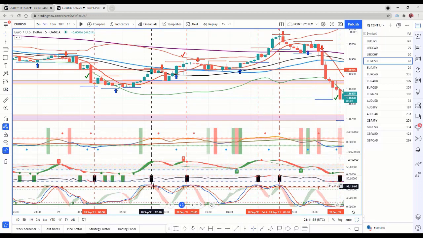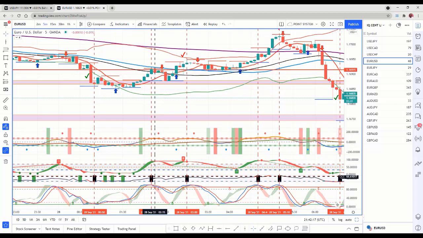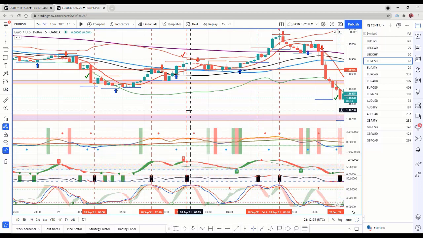You can see your stochastic has crossed, and you can see red here, telling you to go on. So this is 1, this is red here, 2, 3, and 4 and 5. So this is a 5-point trade, the other one is a 6-point trade. So anything from a 5-point trade is good.